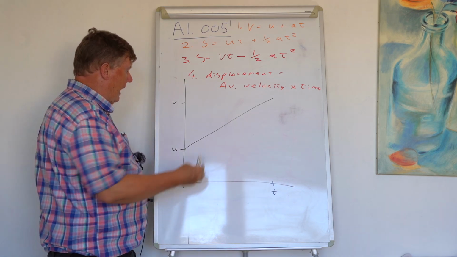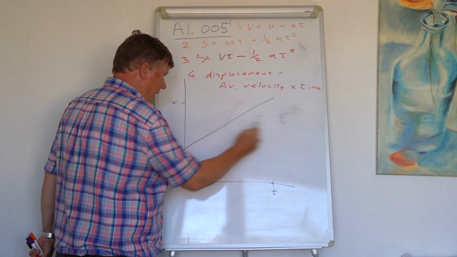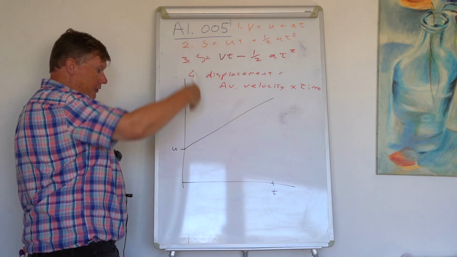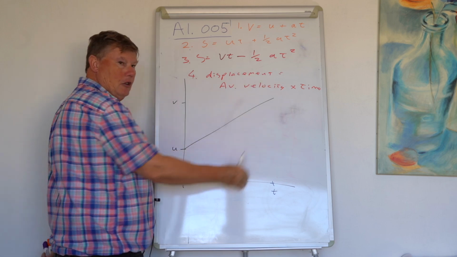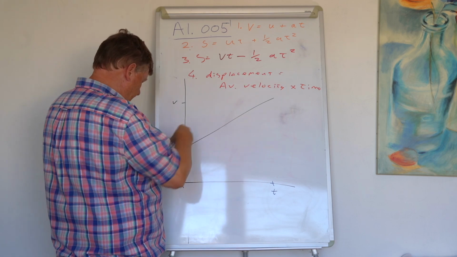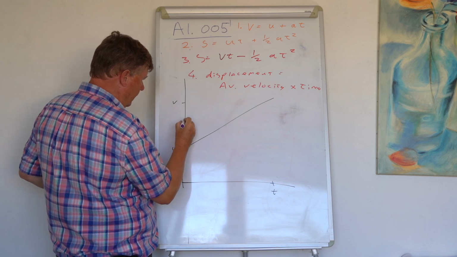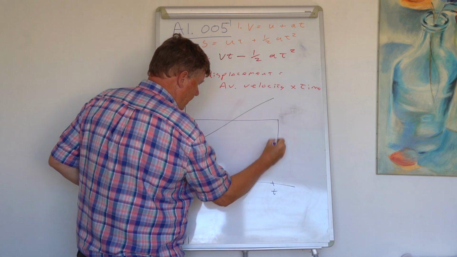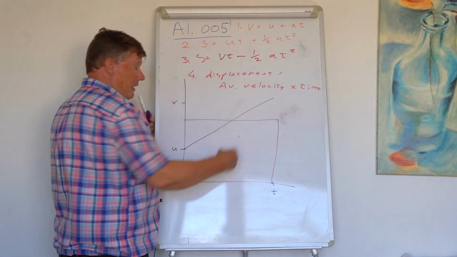One way of working out the area under the graph, instead of adding that rectangle to that triangle like we did for 2 and 3, why don't we think about squishing this down into a rectangle? Do you agree that if I just drew a halfway mark between u and v there, the area of this rectangle will be the same as the area under that line?